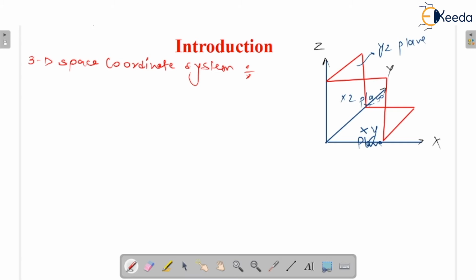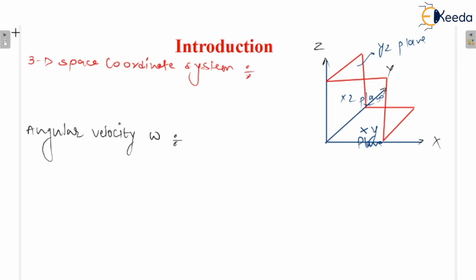Next we will study angular velocity, because angular velocity is going to be used in the gyroscope. We all know that angular velocity is denoted as omega. What is angular velocity?